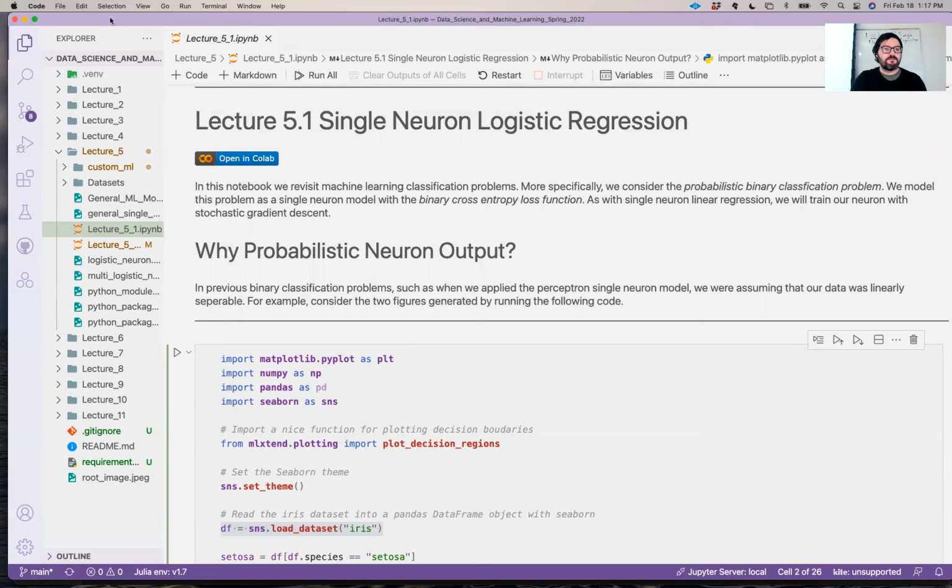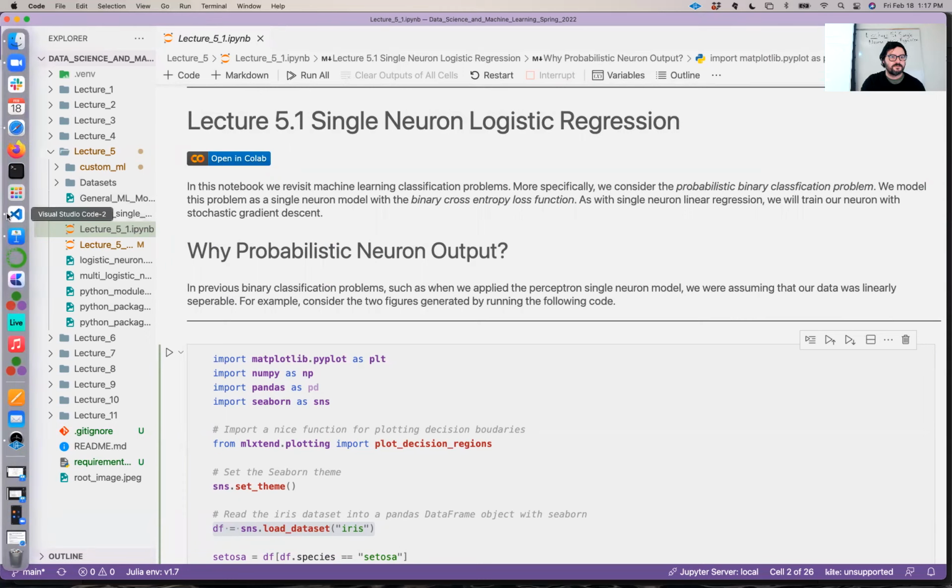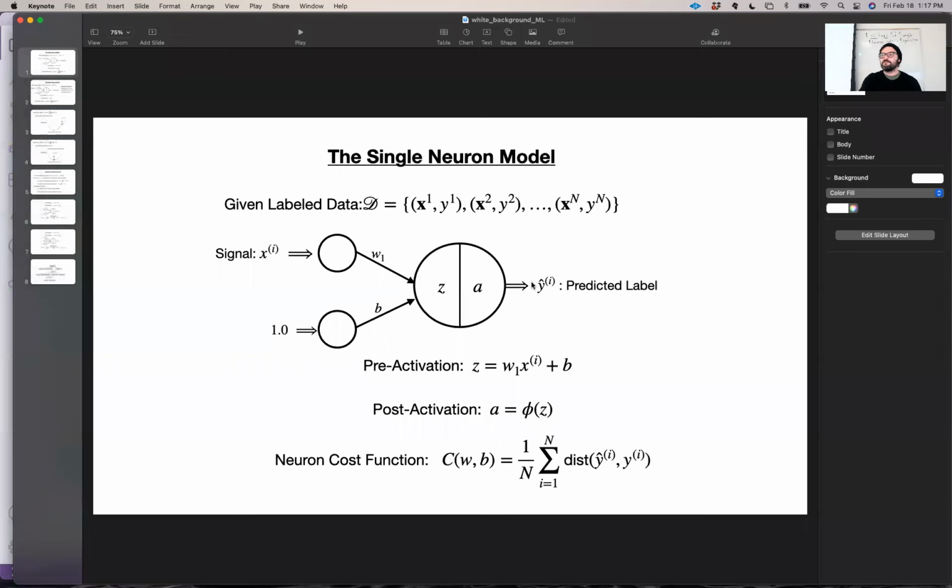Okay, so now to the main topic of part 1 of this lecture. We have learned that the single neuron model, which is shown here, can be used for both classification and regression. The classification example that we gave was this perceptron single neuron, and the regression was linear regression.